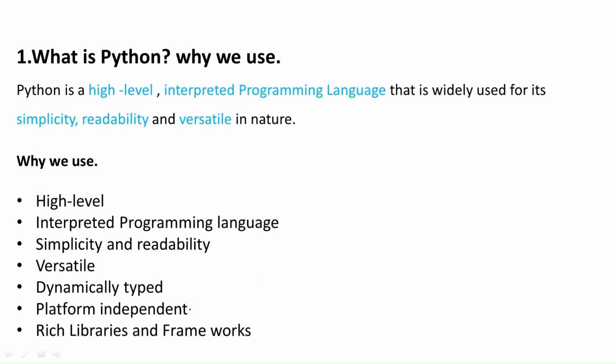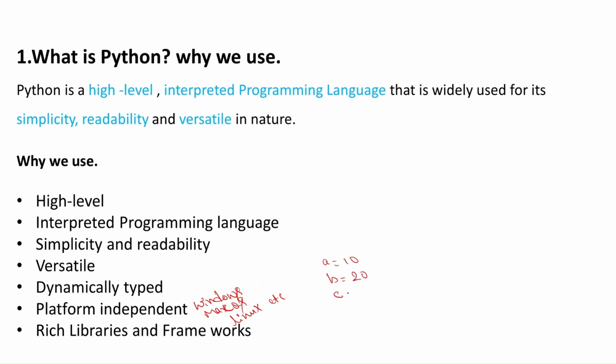Then what is meant by platform independent? Platform independent means the same Python program can run on various platforms. Example, Windows, Mac, Linux, etc. A equal to 10, B equal to 20.